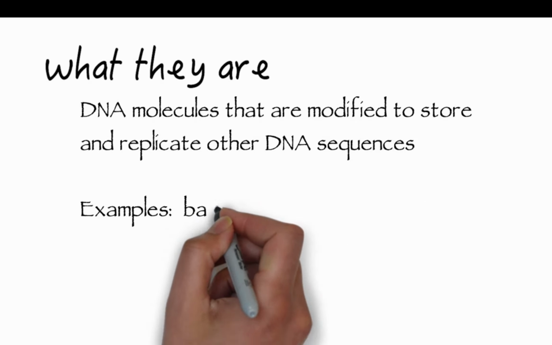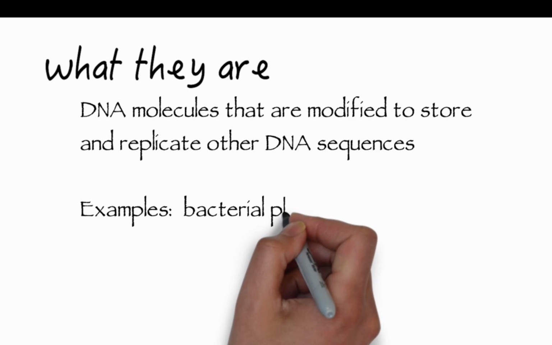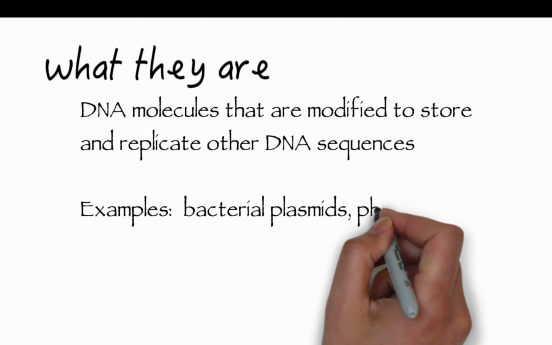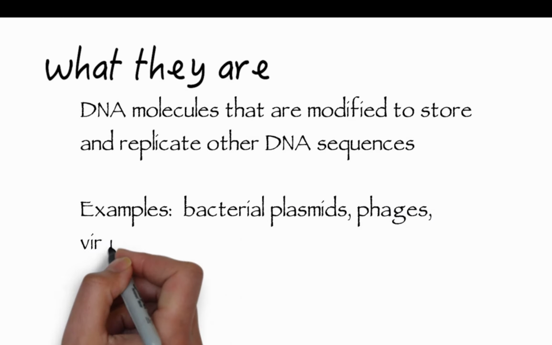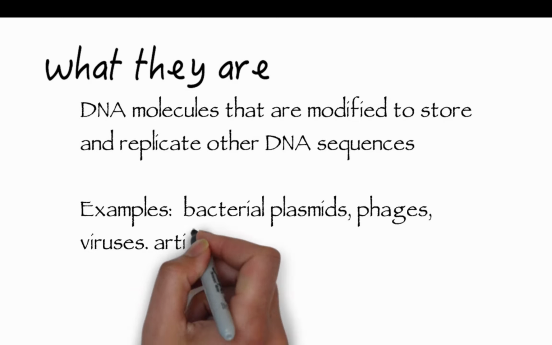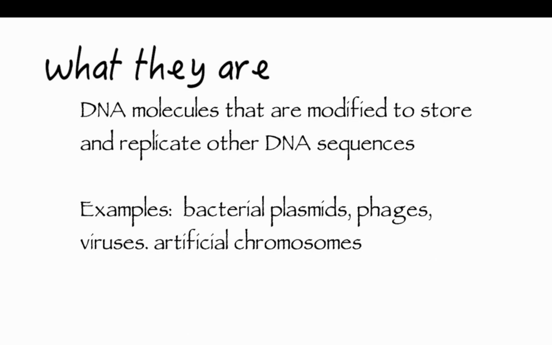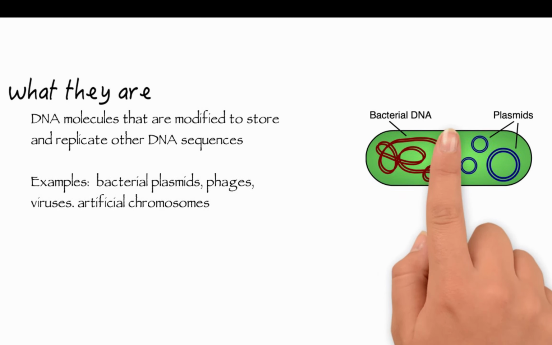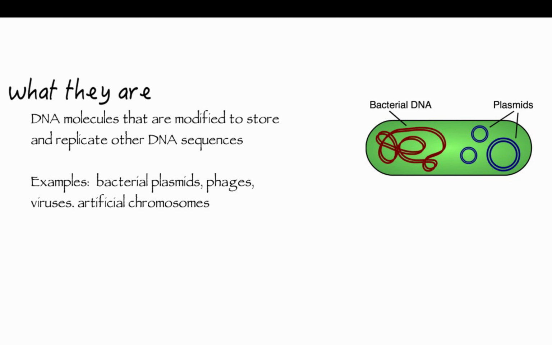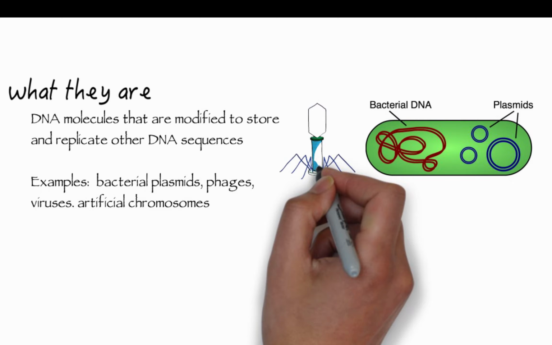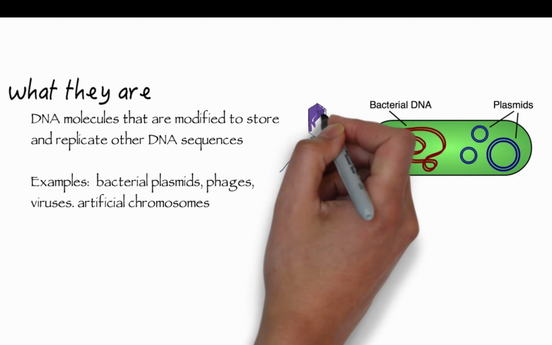Examples are bacterial plasmids, phages, viruses, and artificial chromosomes. You can see the plasmid, a small circular piece of DNA in the bacterium pictured here, as well as a phage, a virus that infects a bacterium.